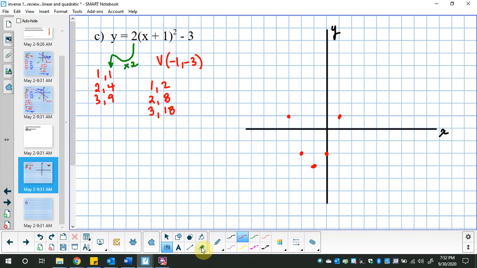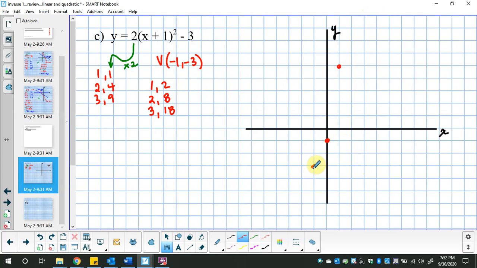The problem is that stretch. Now this one isn't flipped, but it certainly is stretched because it's twice the height it usually is. So instead of going 1, 1, I'm going to go 1, 2 from the vertex. 2, 8. And if I had space, I'd go 3, 18, which I don't.